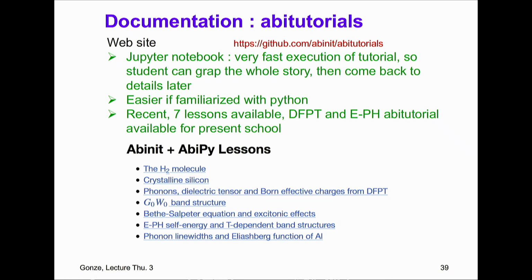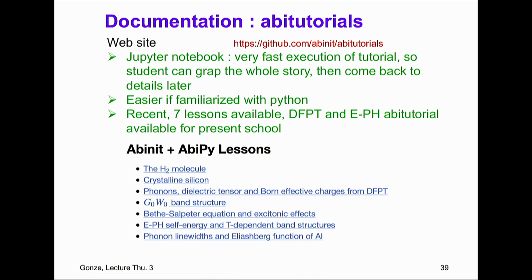You can continue to read, you make another click, you execute ABINIT, and possibly some other executable. It's quite recent, we only have 7 lessons available there, but we have developed for the present school the DFPT and the electron-phonon abitutorial.